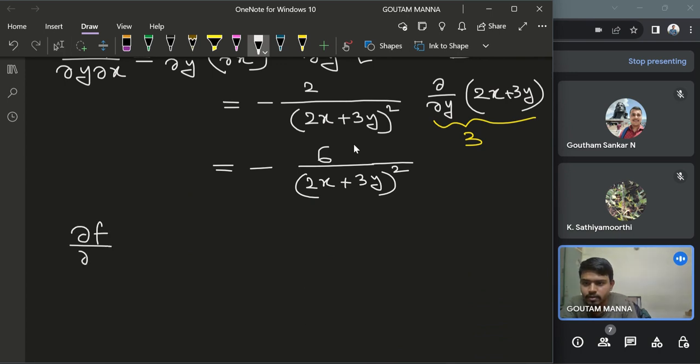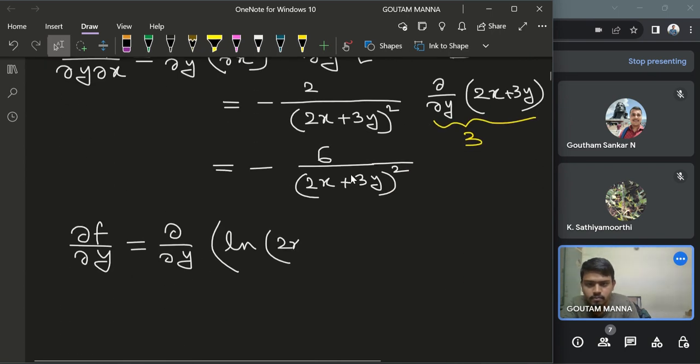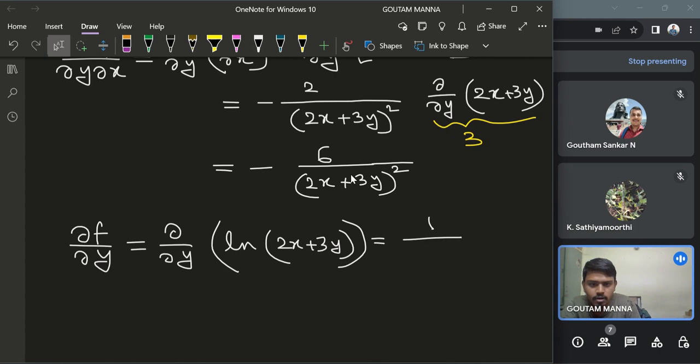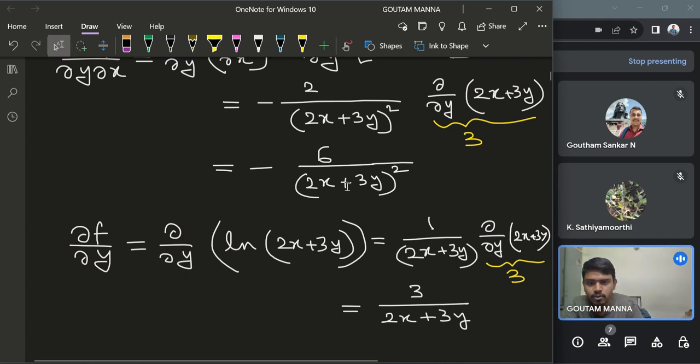Then let's calculate del f del y, which will be del y of ln 2x plus 3y, which is 1 by 2x plus 3y and del y of 2x plus 3y, and this quantity is 3. So it will be 3 by 2x plus 3y.